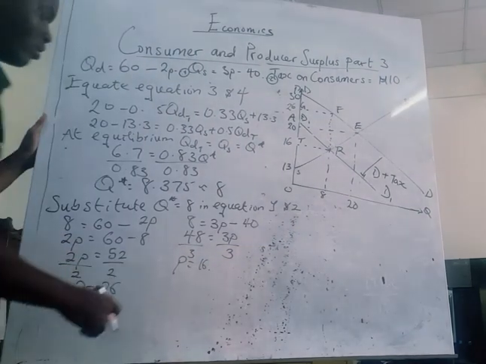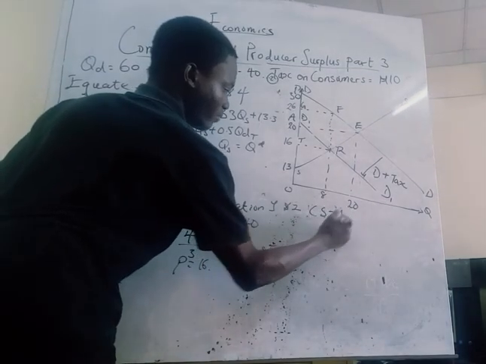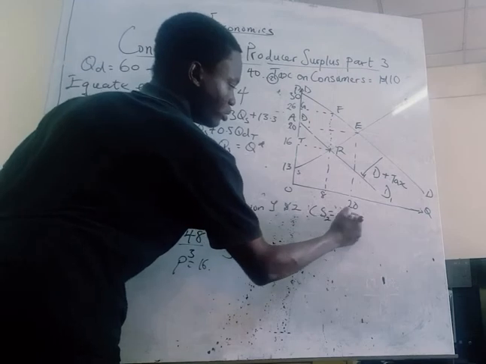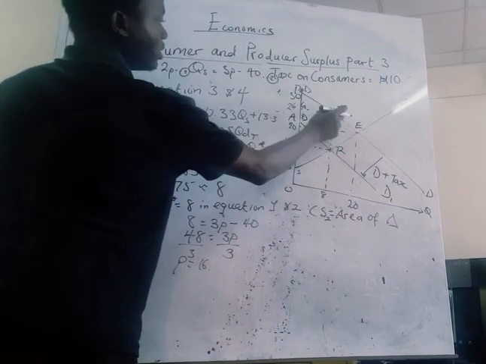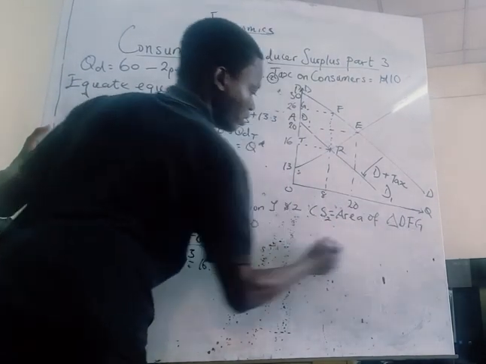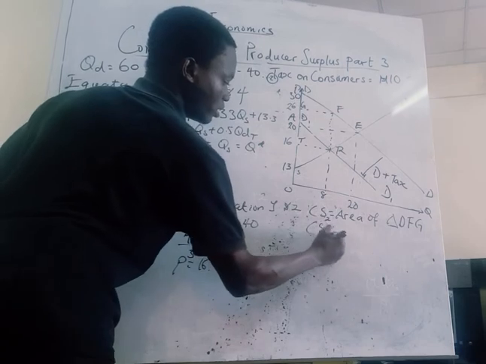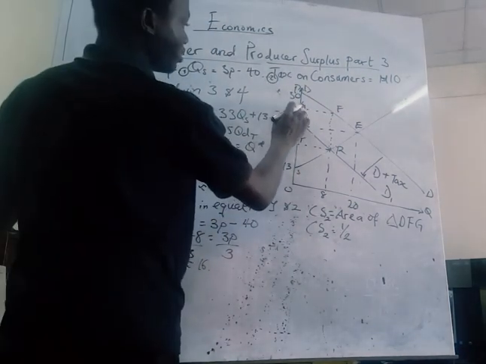Okay, so now for our consumer surplus, we may call it consumer surplus 2, equals the area of triangle DFG. So CS2 equals half. Then what is the base now? The base is the difference between here and here.